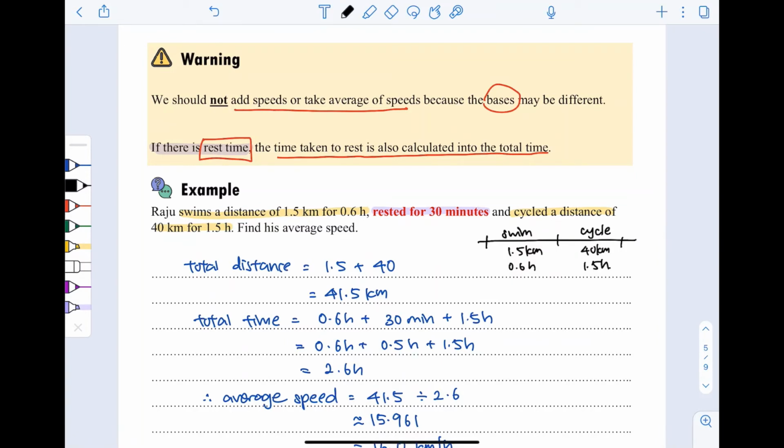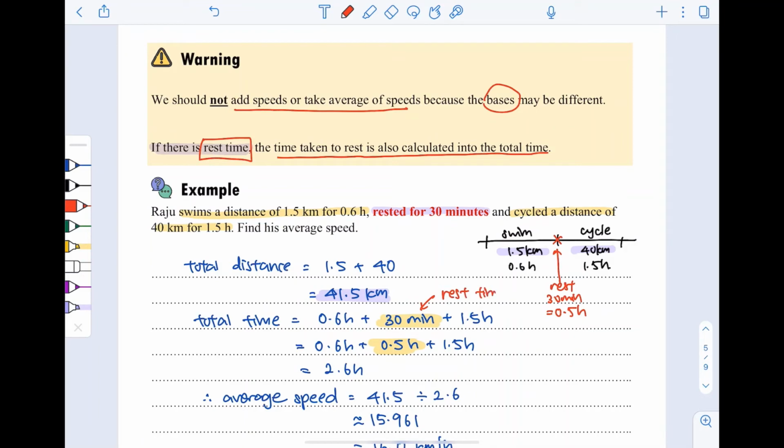But at a certain juncture in between, we notice that there is this rest of 30 minutes, which is 0.5 hours. We can definitely see that the total distance is going to add up to 41.5 kilometers. But regarding the total time, we have to include the 30 minutes rest time into our calculation.